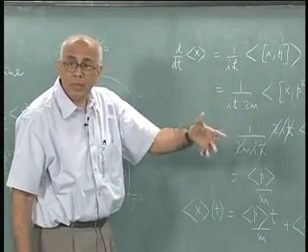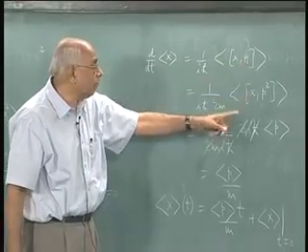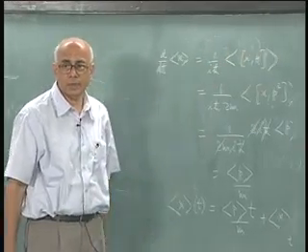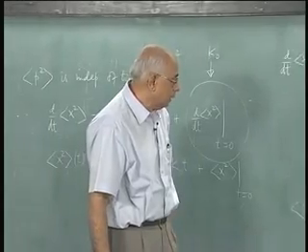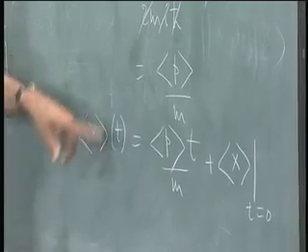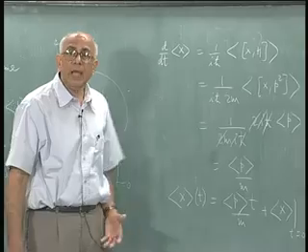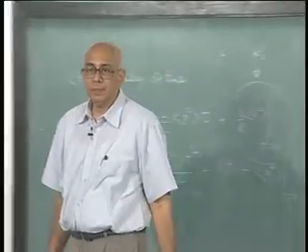Even for a non-free particle this is true, because this quantity here would have an extra V of x, but x would commute with that V of x. So it says that this average, the expectation value of this physical quantity, behaves like a classical particle.